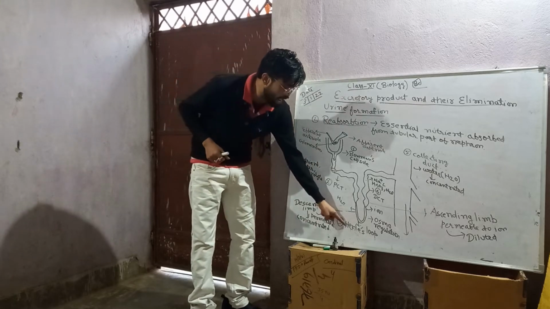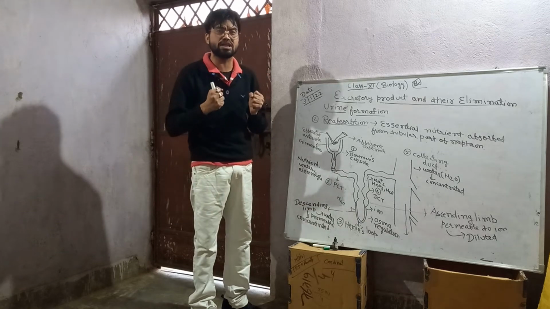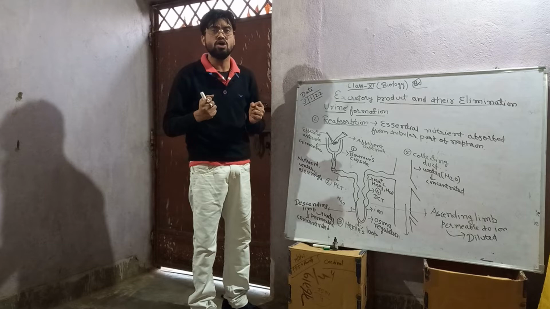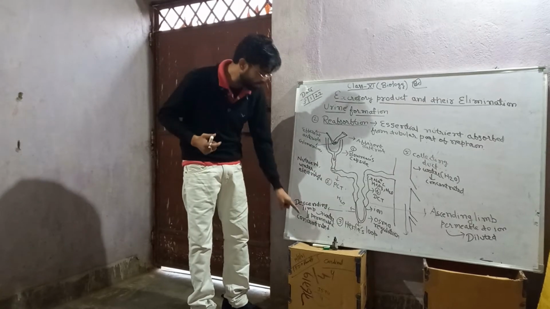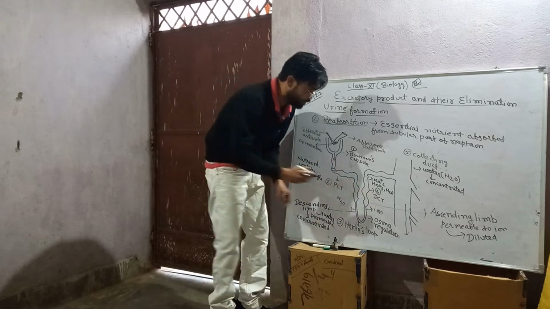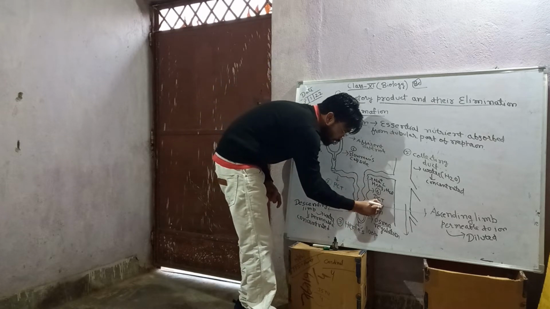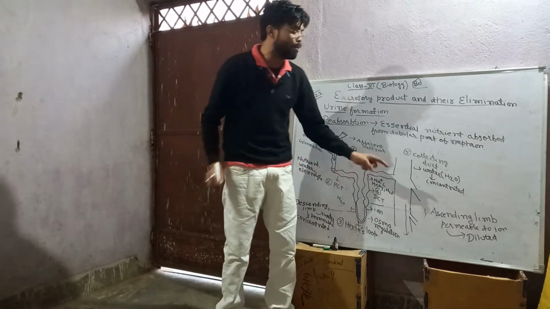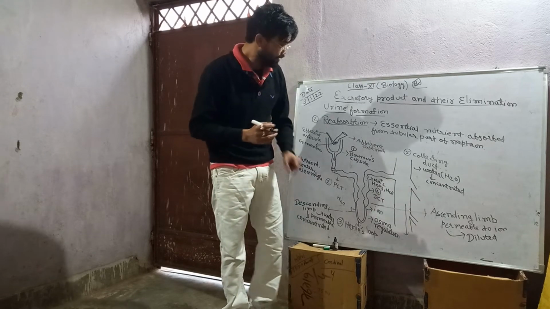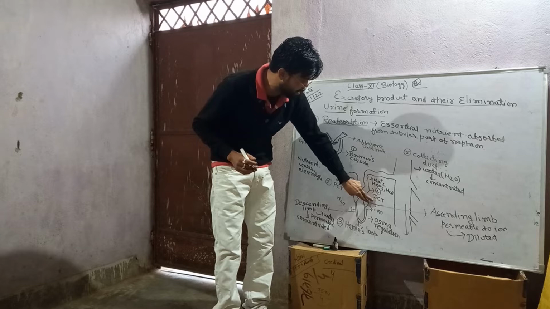In the Henle loop, only osmoregulation occurs. The descending limb is permeable to water, so water is reabsorbed and it becomes concentrated. Now this is your ascending limb. In the ascending limb, it is permeable to ions, so again the filtrate becomes diluted. Then it moves to the DCT area.